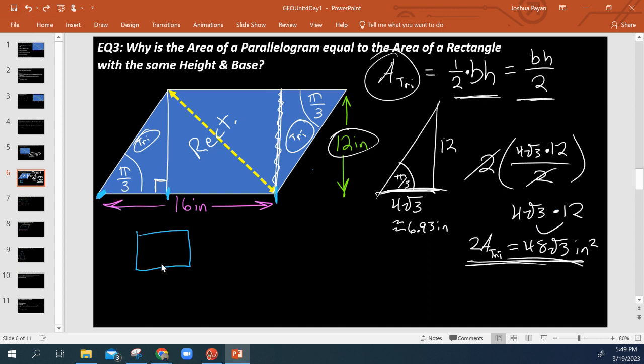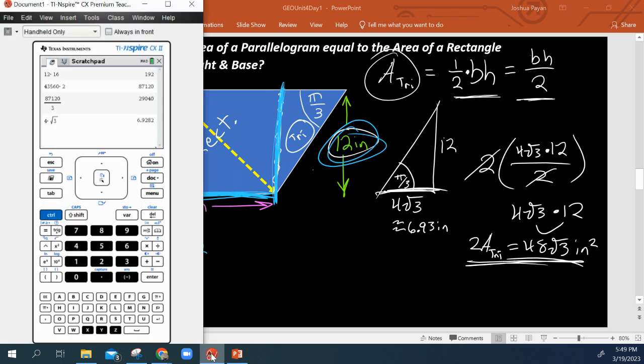So I can simply say that this side length right here is going to be equal to 16 minus 4 square root of 3. And this height is going to be the exact same height of the triangles, so this is also 12. This is my rectangle.